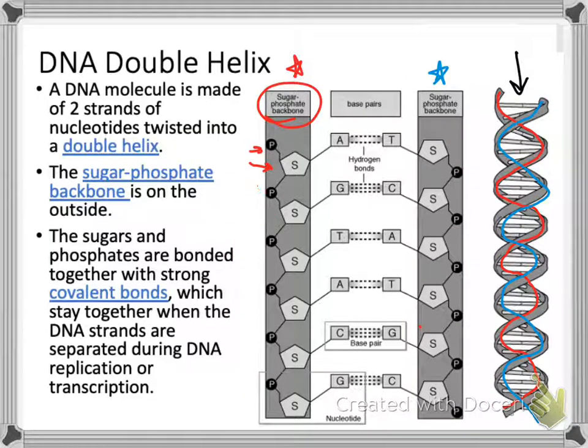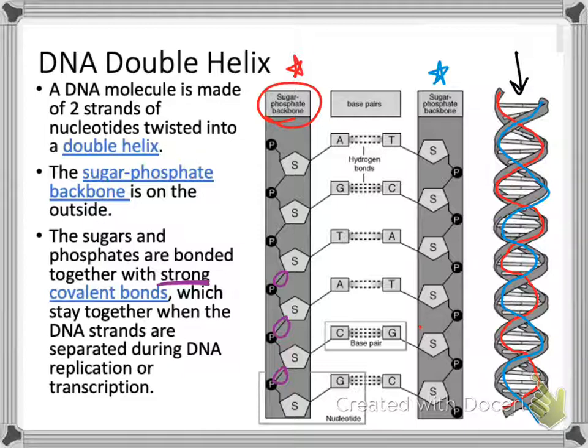Okay, so the sugars and the phosphate groups are bonded together with covalent bonds. So basically all of these dark black lines, those represent strong covalent bonds. And that's important because we want this backbone to stay together.